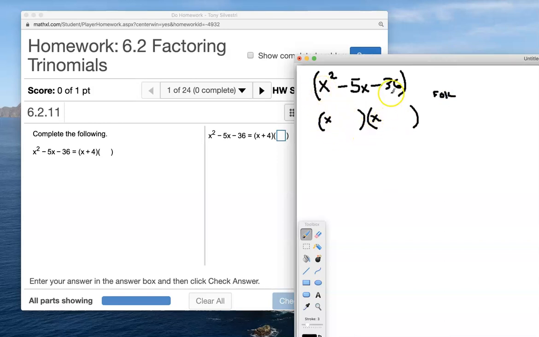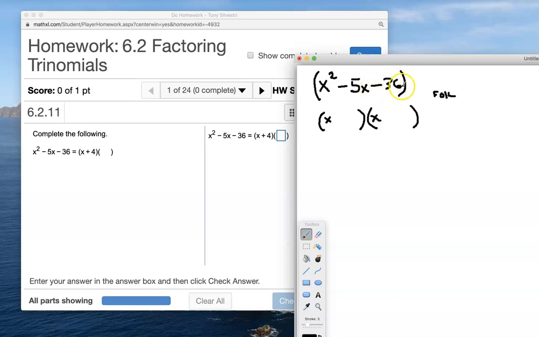Now, to fill out this pattern, I automatically say x and x in the front. When there's a number 1 in front, I say x and x, because first terms, x times x, would give you the x squared. Then I look at the end, the last number. I see it's a minus 36. A lot of people say it's 36. It's never just 36. It's the number in front.